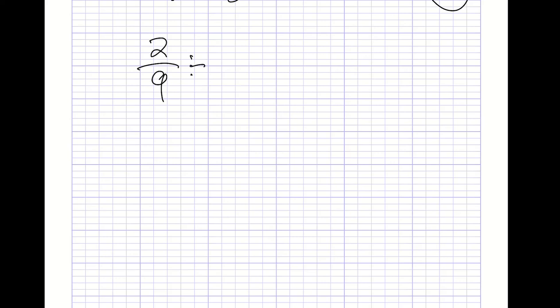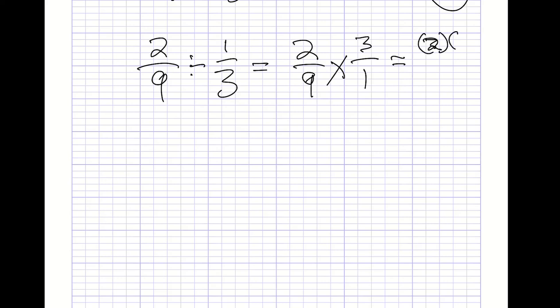Okay, let's do another one. 2 over 9, all right, divided by 1 over 3. We'll do the same thing. You leave 2 over 9 alone. You replace the division by a multiplication sign, and you flip the other one, 3 over 1. You see? Very simple.